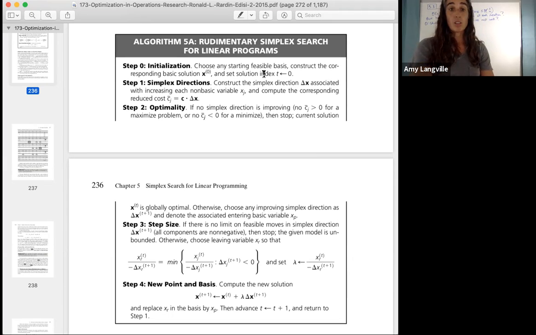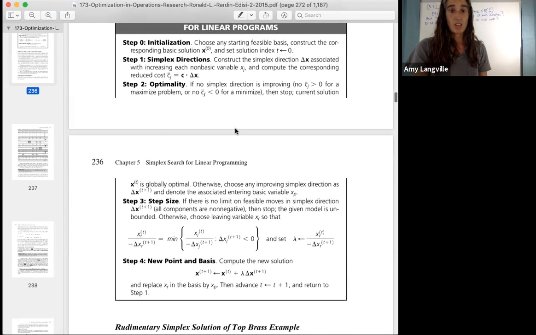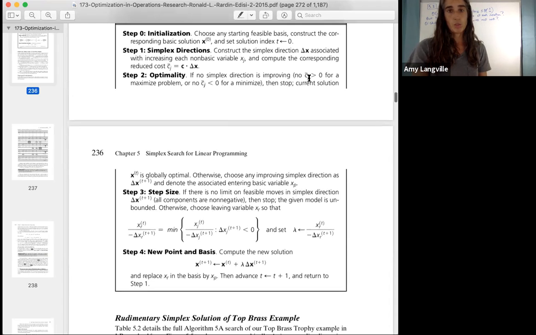Step one, we need to construct a simplex direction and then get our reduced costs. The reduced costs are just inner products or dot products, so that's O(n) work. We'll come back to getting the simplex direction. Step two, we're just checking if we're optimal, so we're just looking at those reduced costs that we've already produced.